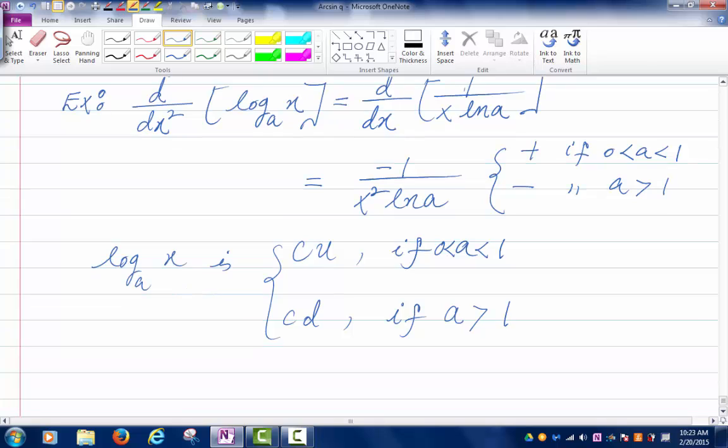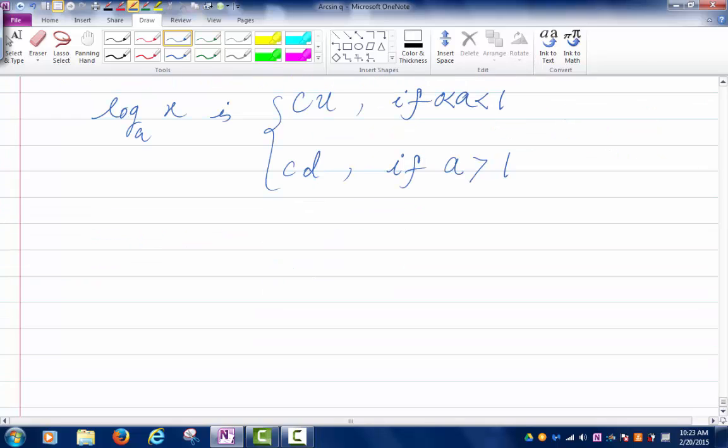Okay, now the exercise that I was talking about is the following. Sketch the graph of log base 2 of x and log base half of x.